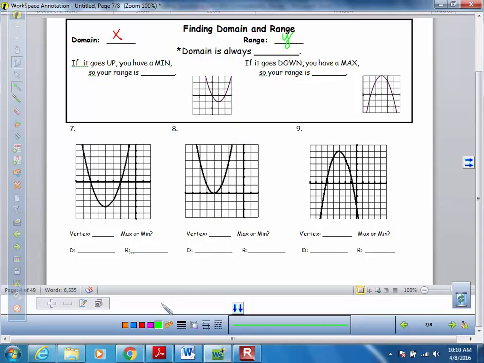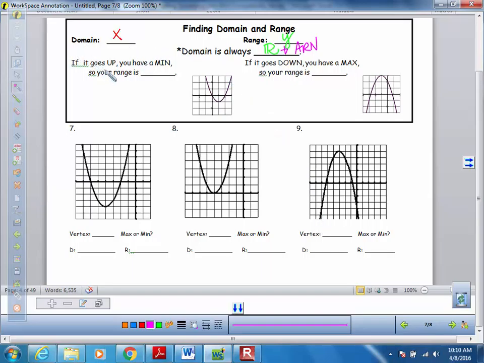What Khalil just said is that domain is always going to be all real numbers. And so the notation for that looks like this. It's a fancy R with two stripes. Okay? If you can't remember how to do it, you can put ARN, all real numbers. But you're going to have to know what this is, because you're going to see it on the ACT, you're going to see it on standardized tests, you're going to see it when you go to upper level math. Okay?